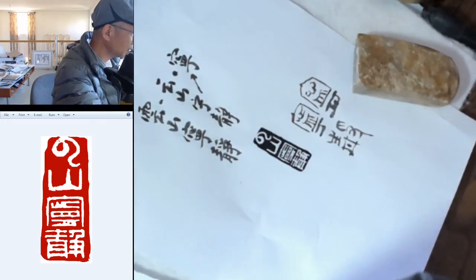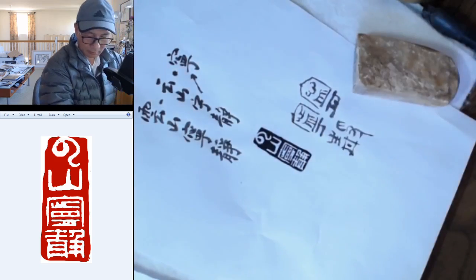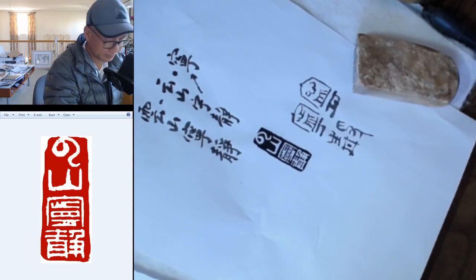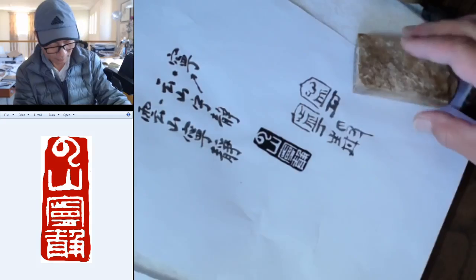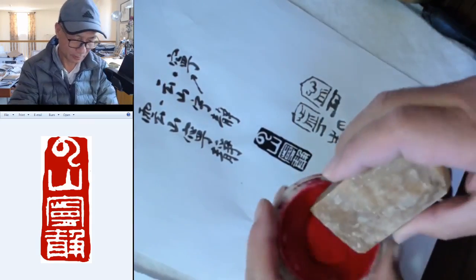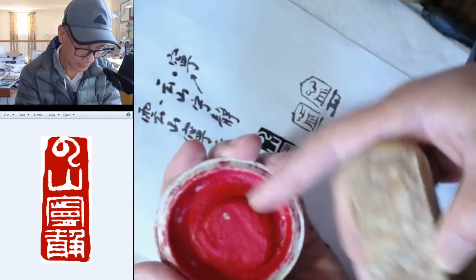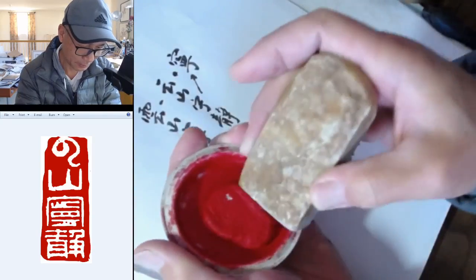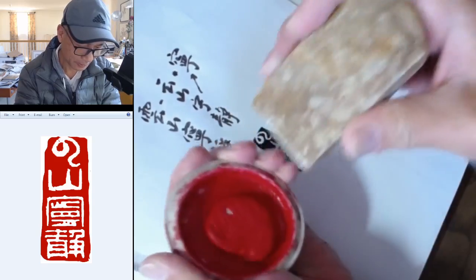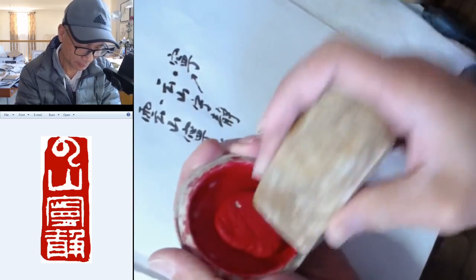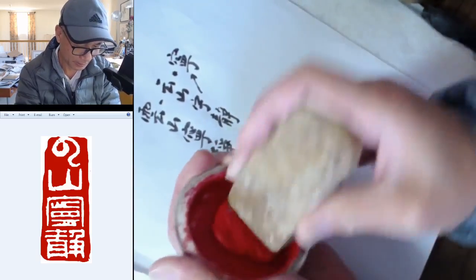Okay. Let's use this old seal paste because there is some debris in the seal that may get into the paste. I don't mind with this old pad.